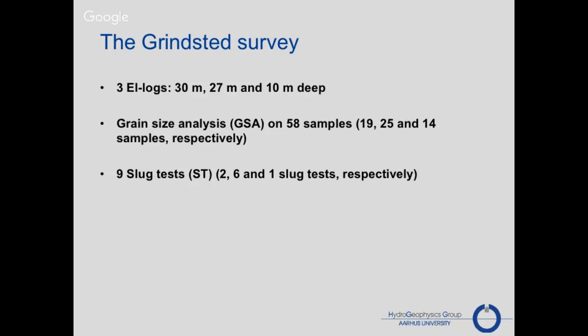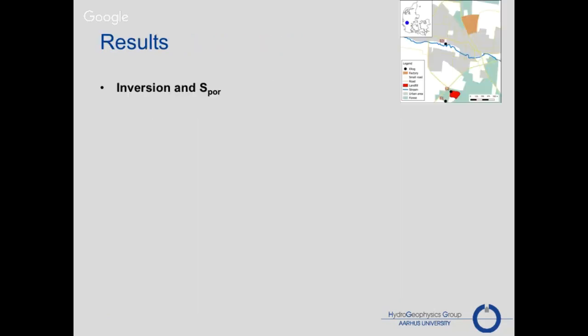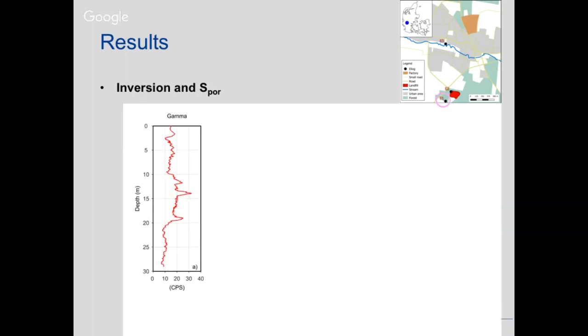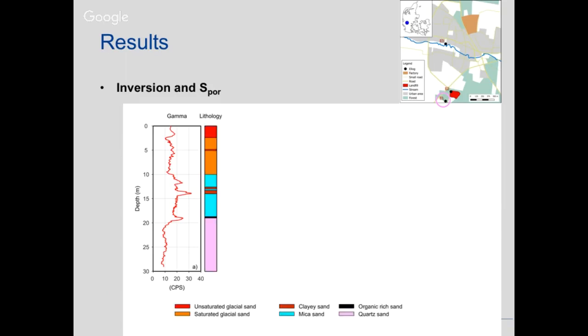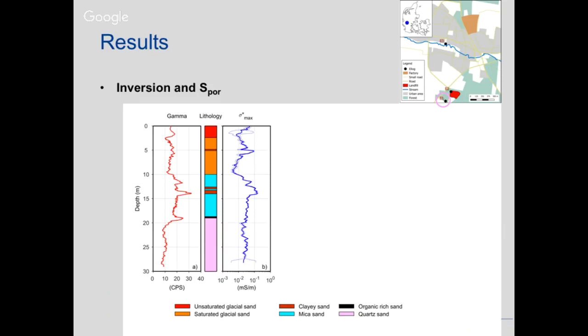So what I'm going to show you now is the comparison between the permeability from IP and the permeability from grain size analysis and slug tests. So we look first at this LOC here. This is the gamma radiation, also measured with the LOC. This is the known lithology from the geologist.